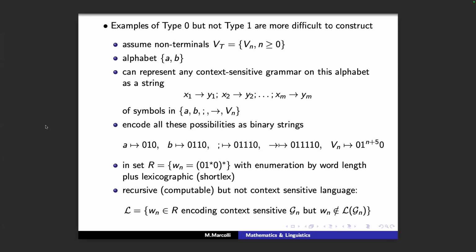So in each of these languages, you have certain sequences of zeros and ones, and you repeat them an arbitrary number of times. And now you look at all the possible sequences of zeros and ones in this form, but they are not in any of these ones. And you can show, with an argument, that if these were context-sensitive, you would be able to reduce it to something that can be encoded in this way, and so it cannot be context-sensitive.